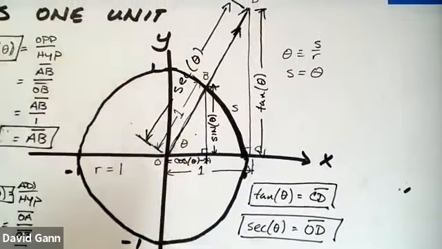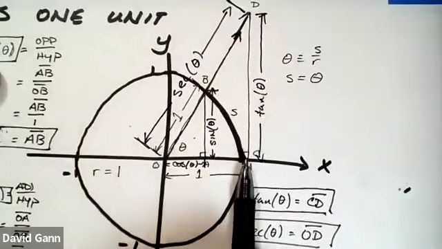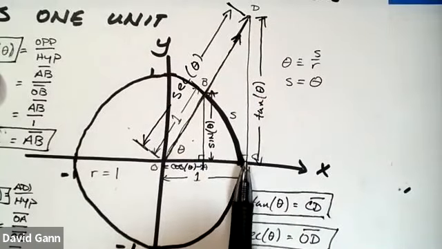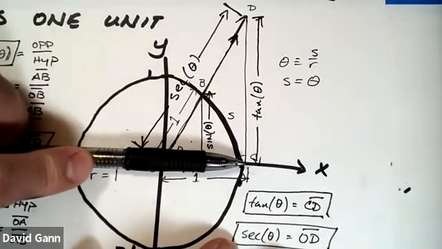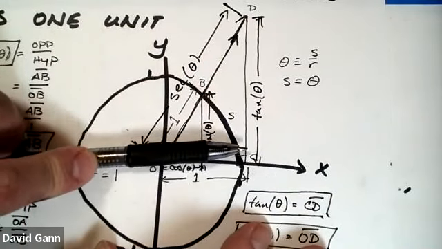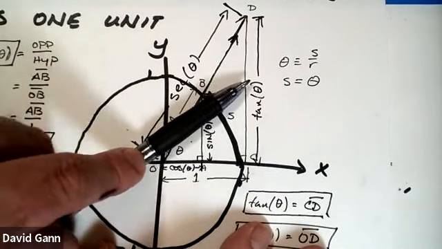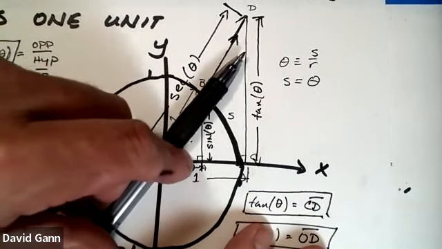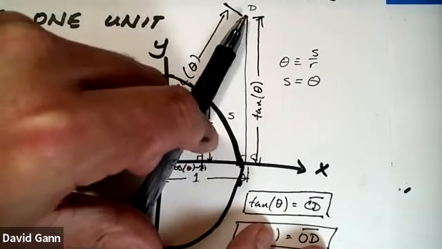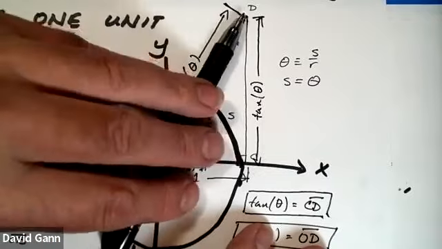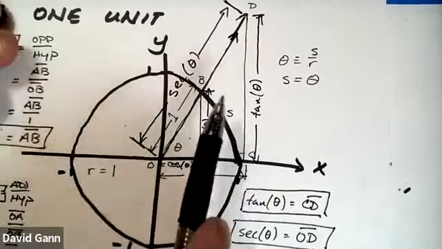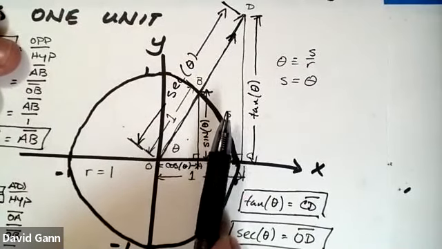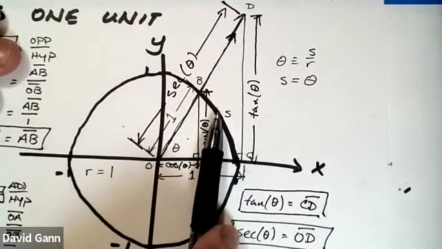Then, well, let's think about this. If we start in quadrant 1, secant has a value of 1. And then as the angle goes up, secant gets longer and longer, and eventually blows up to the point where it's undefined. So secant is increasing in quadrant 1.